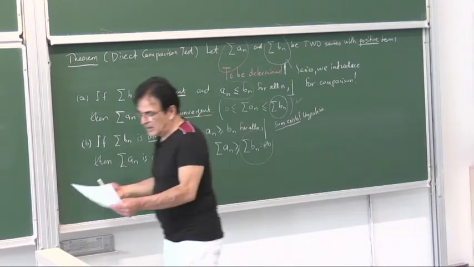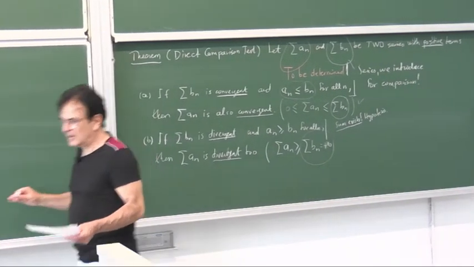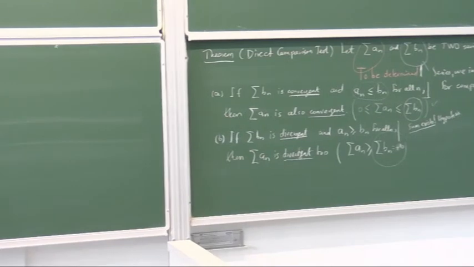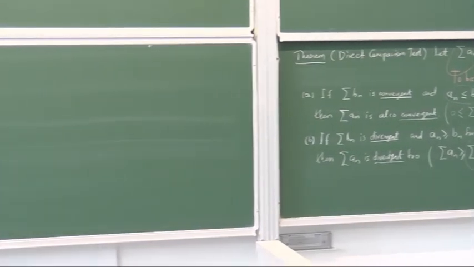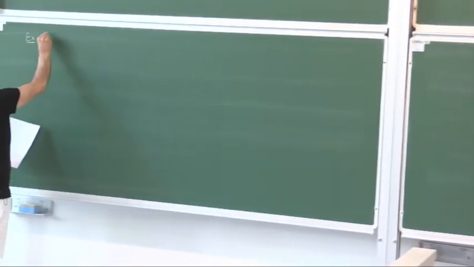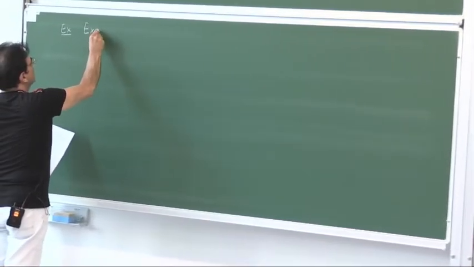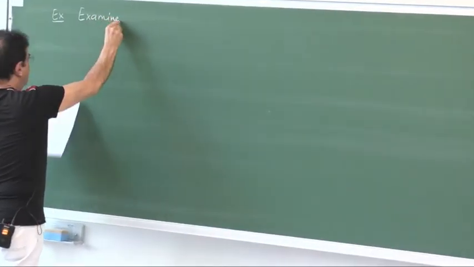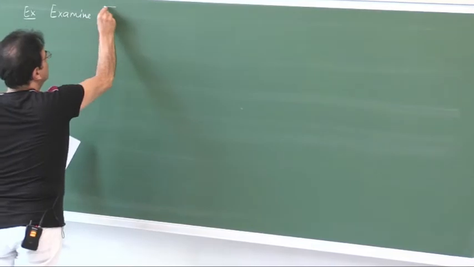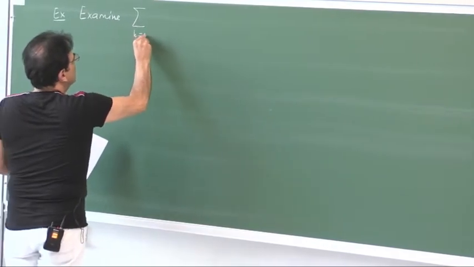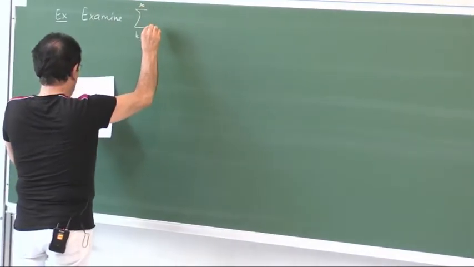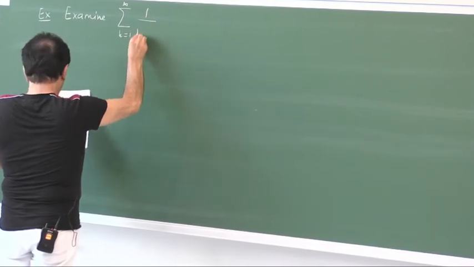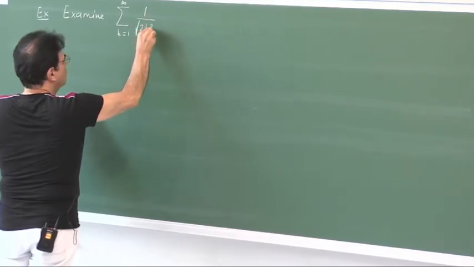Some simple mathematical manipulations can be made to do that. For example, let us introduce a simple example. Examine the series, from k equals 1 to infinity, 1 over the square root of 2k squared plus 3.